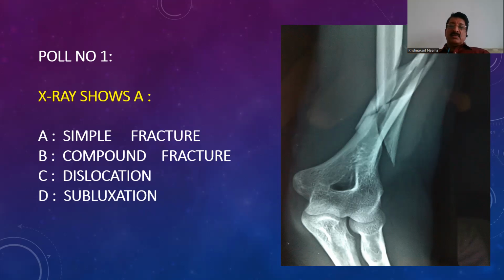First of all, you see the X-ray and you decide whether this X-ray is of a child or an adult. How would you say that? Once you know that the epiphyses are unfused, and there is still an epiphyseal plate visible on the X-ray, you must call it an X-ray of a developing human skeleton, that is, a child whose epiphyseal plate is still unfused.